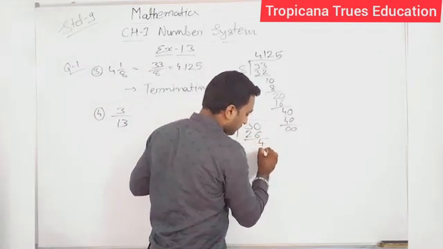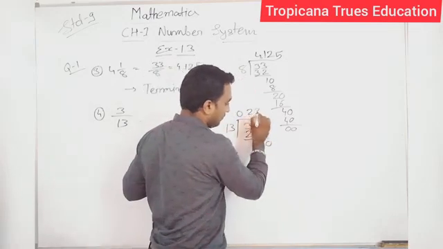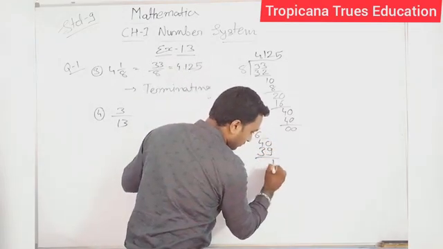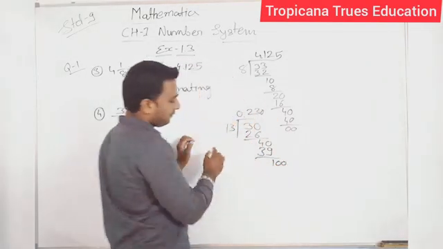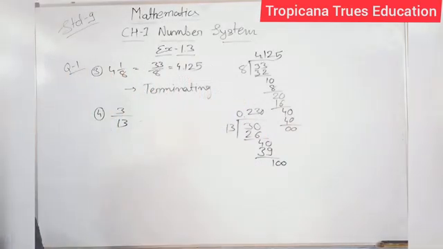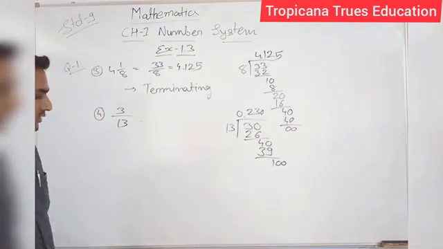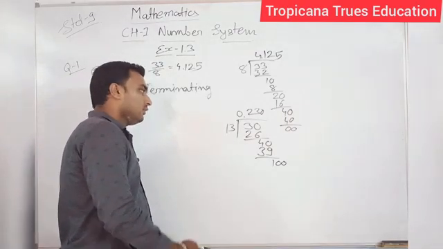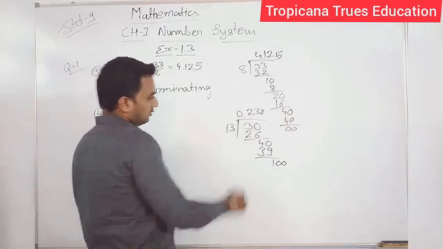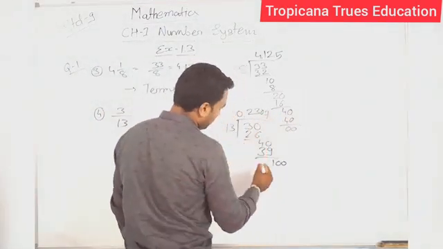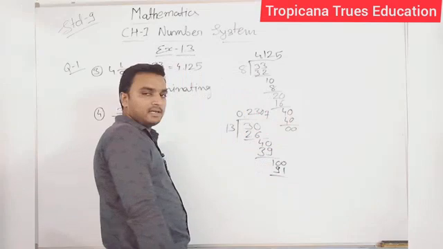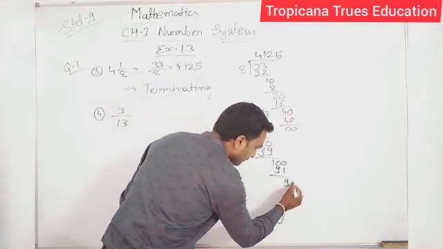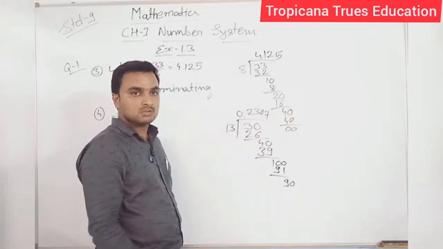Here we get 4, 0. 13 threes are 39. 1, 0. We have to put 0 here. 0 down. Then again do the multiplication. 13 sevens are 91, so that's why it is 9 here. Again we see that 13 sevens is not possible, so 13 fives are 65.